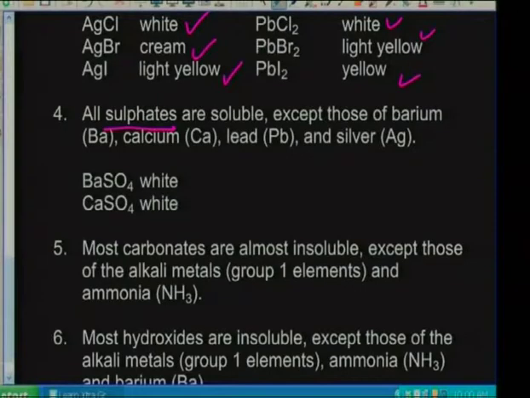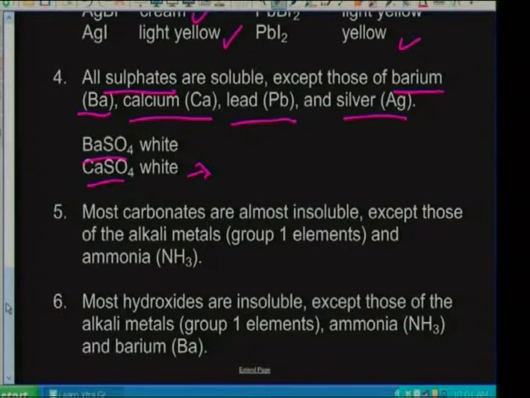The next rule is all sulfates are soluble except for barium. Barium sulfate is insoluble. Calcium sulfate, insoluble. Lead sulfate, insoluble. And silver sulfate, insoluble. The one we're most interested in is barium sulfate, although calcium sulfate we do see around. It's found in plaster of Paris. What about carbonates?